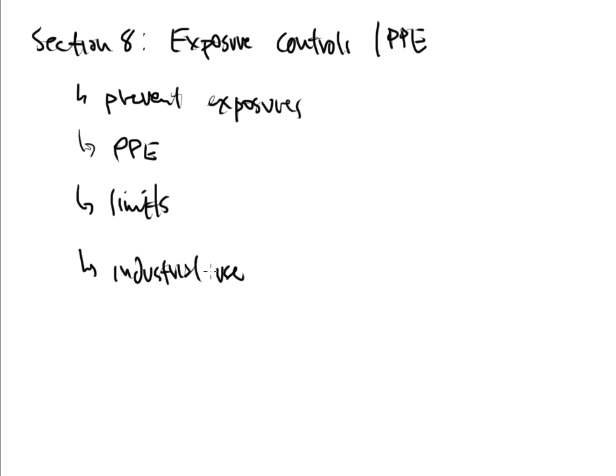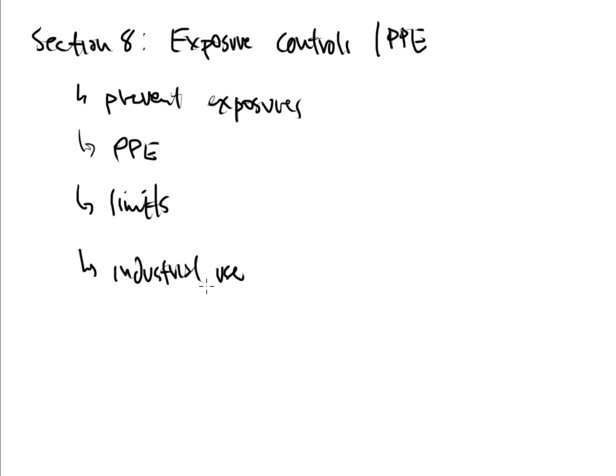Okay? So the industrial use basically means these are managers of certain facilities that will go in, they will take a look at the chemical that you're going to be working with, they're going to have this exposure limit and personal protective equipment idea already in mind when they write the method. And when they write the method, they will give you that method, and then you follow that method.